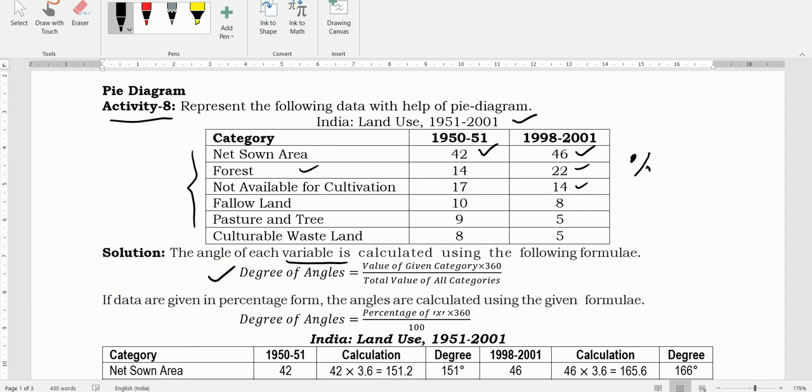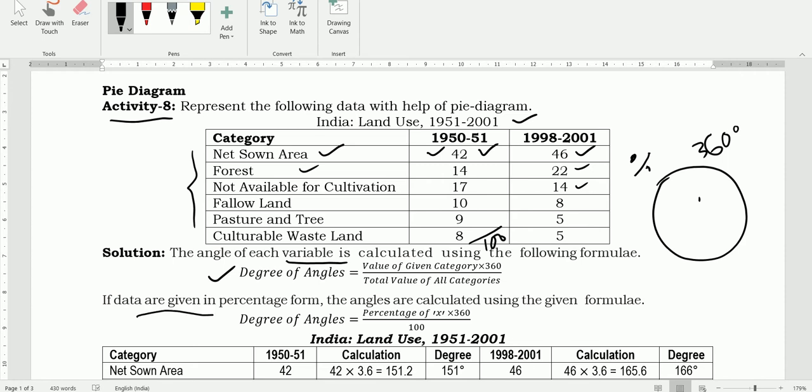The first one: degrees of angle is equal to value of given category multiplied by 360, because in a circle we have 360 degrees, divided by the total values of all categories. So we have to add all these values. In this case it is 100, so it is to be divided by the value of all categories. And another formula is also there.